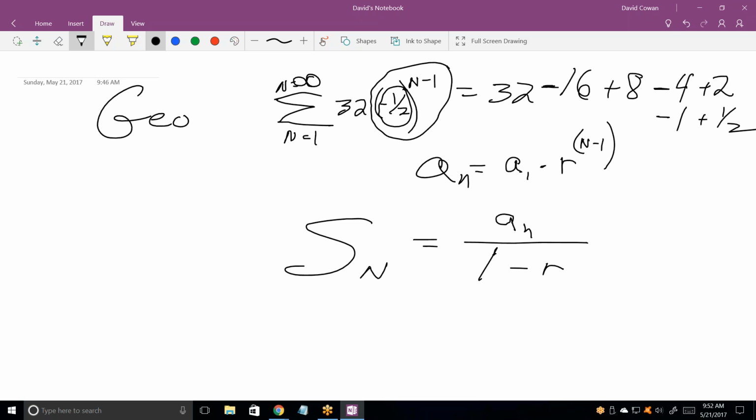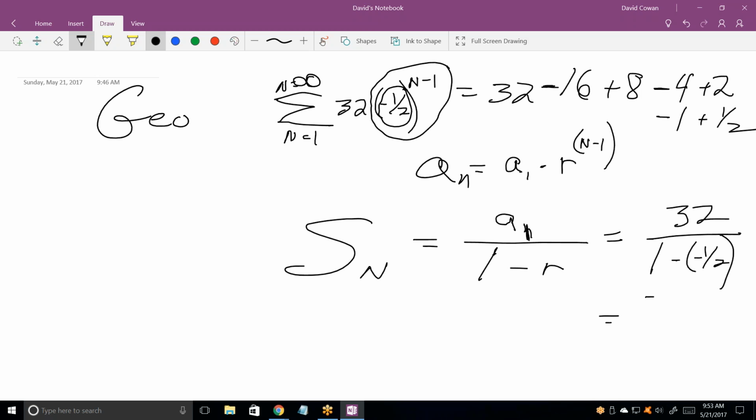Okay? So this is going to be 32, the first term. That's a sub 1 over 1 minus r, all over 1 minus negative 1/2.